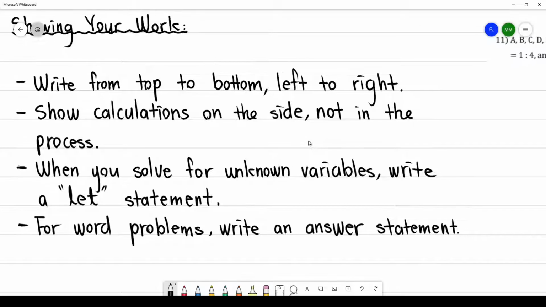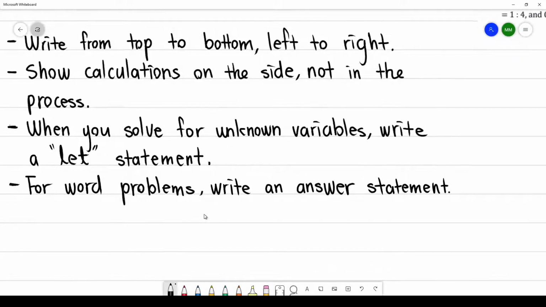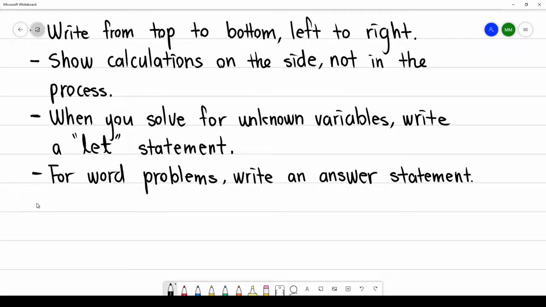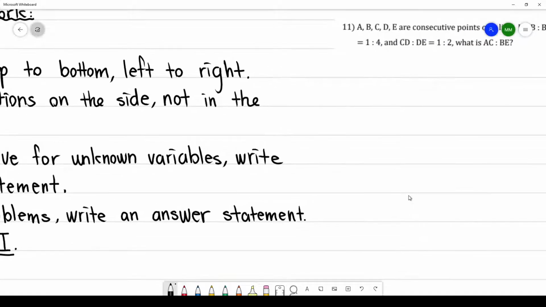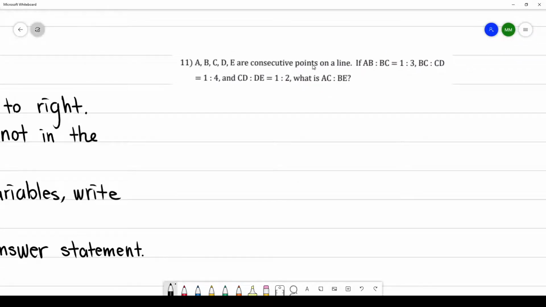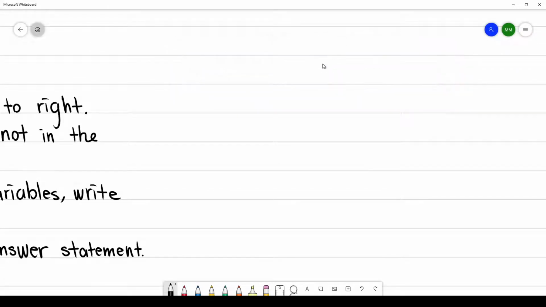And one last thing, and pretty important as well: write neat. If you have neat writing, the first impression on your teacher will be really good. So always write neat. Actually, this is not such a good question.